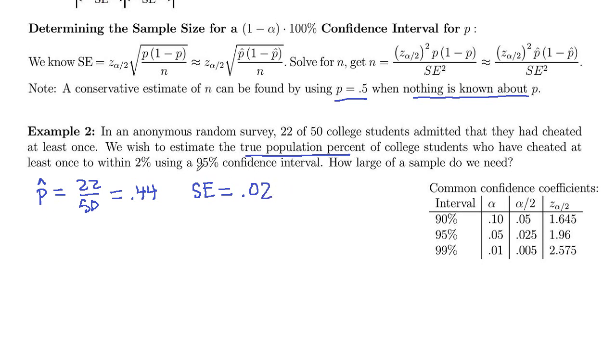And then using 95% confidence interval, so 95% confidence right here, our z alpha over 2 is 1.96. So this is the same table I used in the previous example. So now let's go ahead and grab our sample size formula.